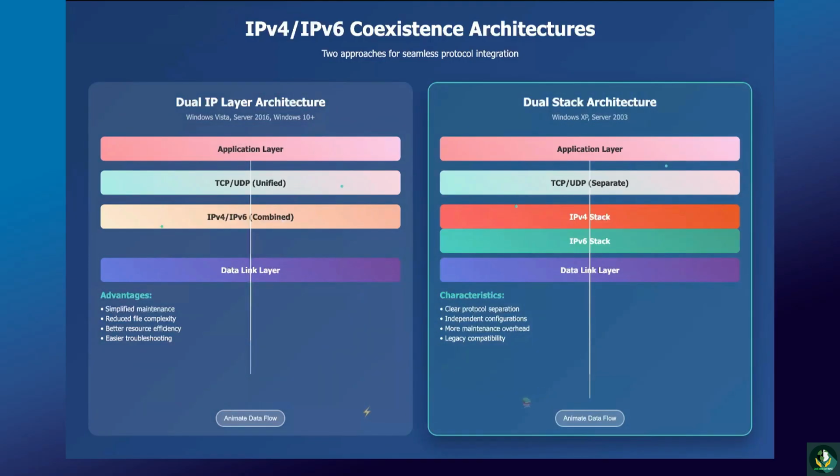It's used in Windows XP and Windows Server 2003, and it maintains separate protocol stacks for IP version 4 and IP version 6, each with its own implementation of transport protocols. It requires additional maintenance but provides clear separation between IP version 4 and IP version 6. So dual IP layer architecture is preferred for modern networks due to its simplicity and efficiency.